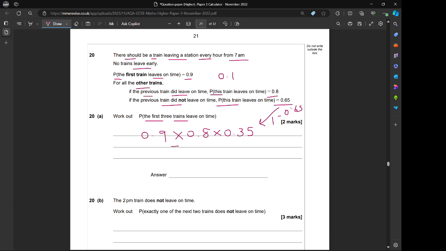So when I do that, guys, I get an answer of 0.576, and that's my answer for part A.